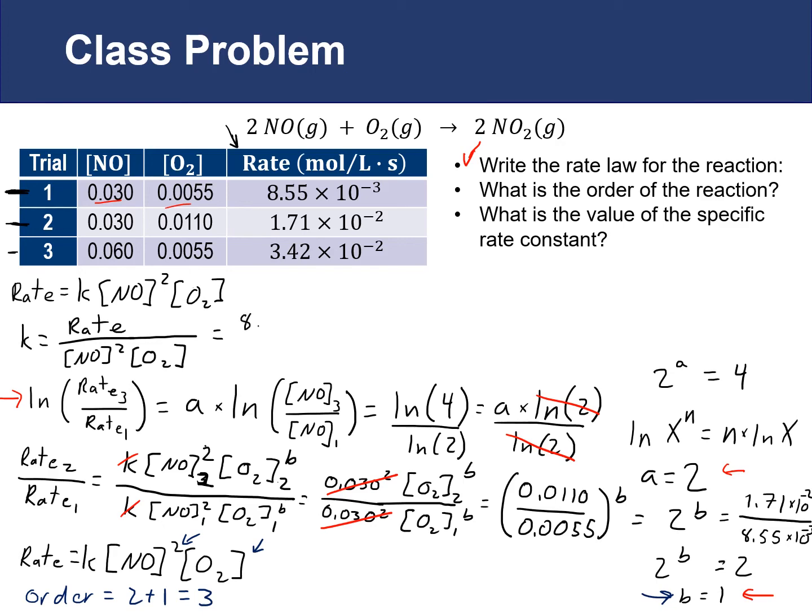So that's 8.55 times 10 to the minus 3 moles per liter second, divided by the concentration of NO, 0.030 moles per liter, that is concentration, squared, times the concentration of O2, 0.0055 moles per liter raised to the first power.